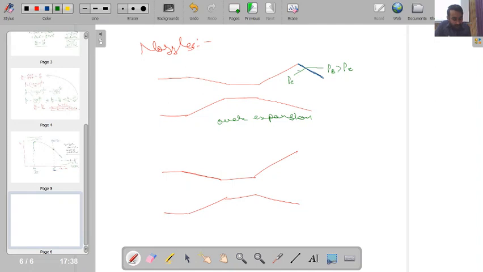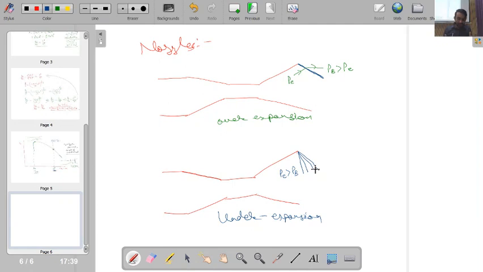Okay, on the other hand, in the second case, if my PE is greater than PB, this is the case of under expansion, then I have to further decrease the pressure. For further decreasing the pressure, I will have a series of expansion waves starting from this point.